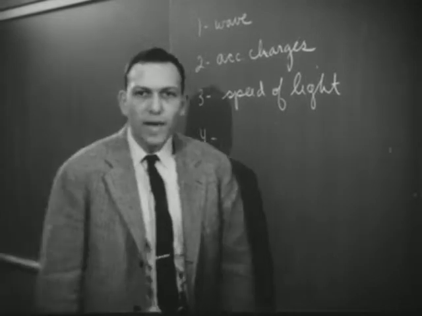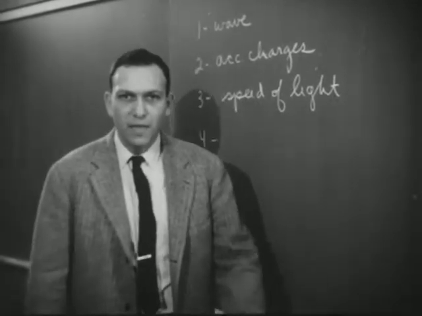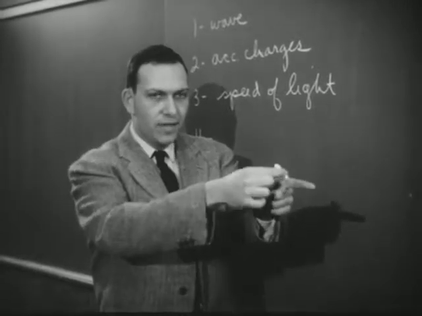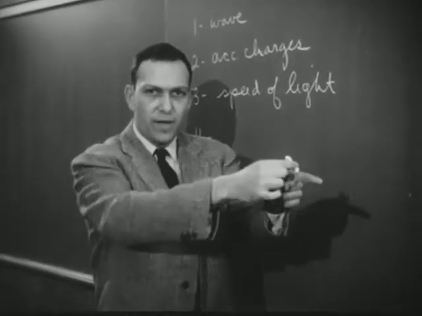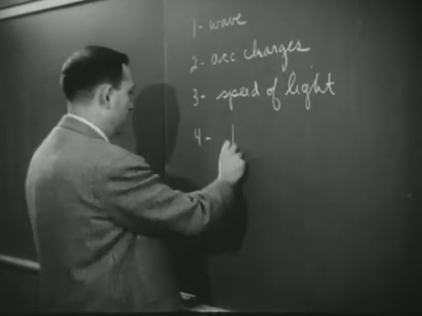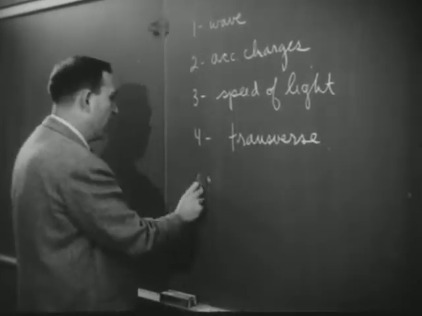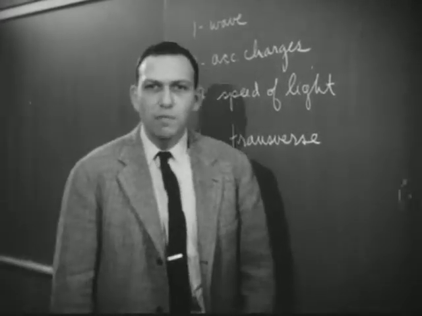Fourth, the waves are transverse. By this I mean that the electric vibration is at right angles to the direction in which the wave travels. And finally, these waves can be polarized.